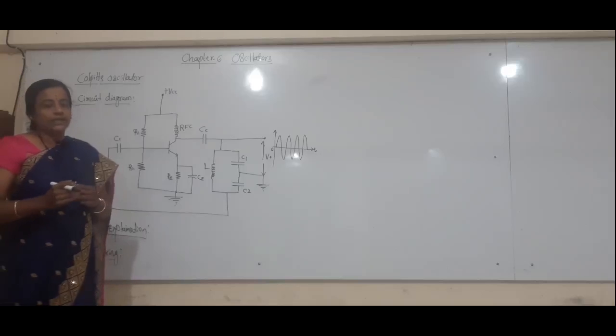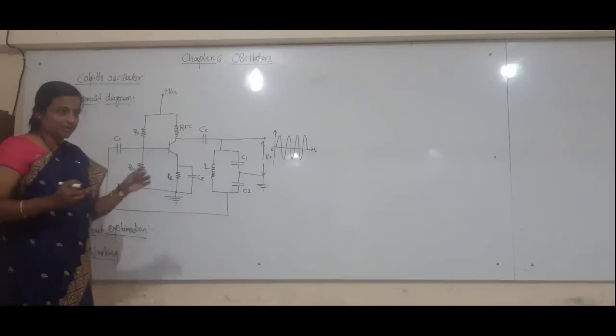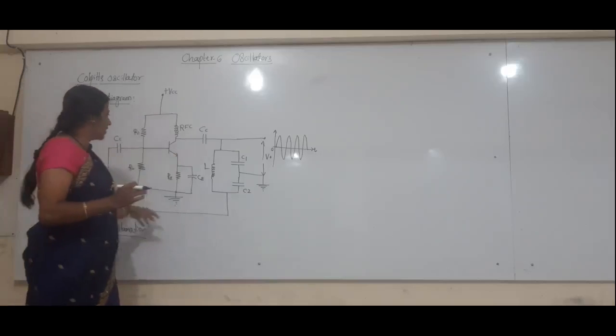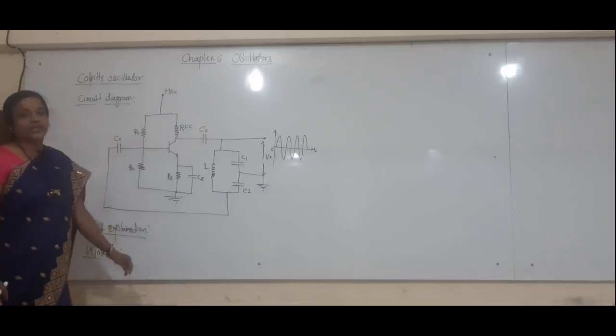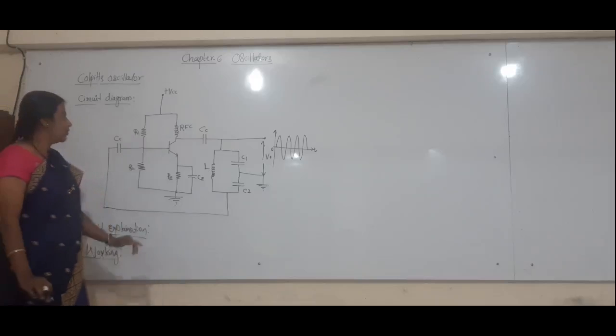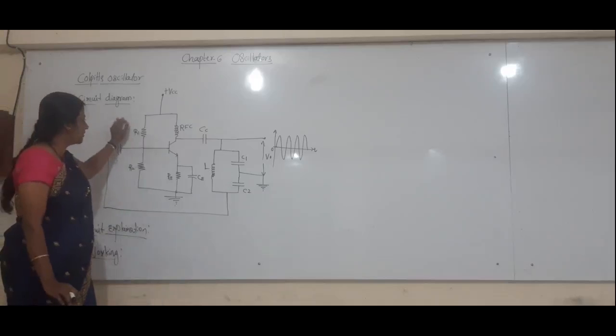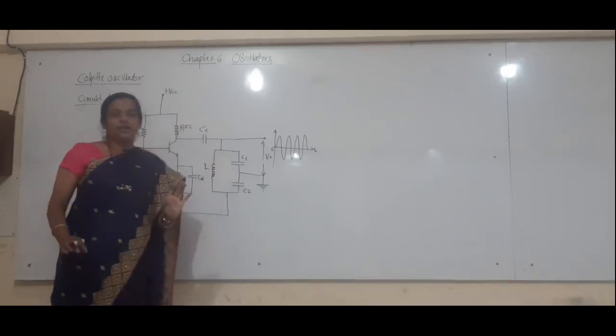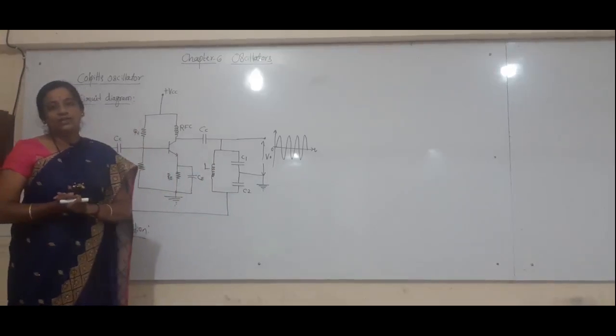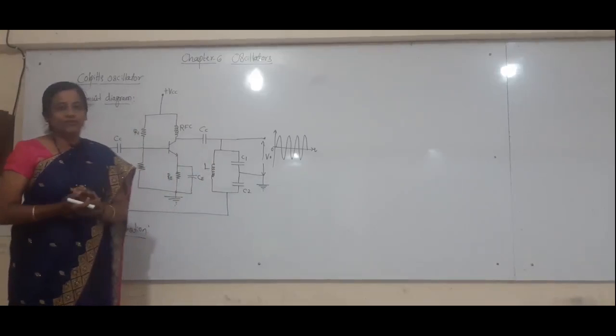In this circuit, we first have to draw the circuit diagram. After drawing the circuit diagram, you must write the circuit explanation. So, what is that circuit explanation? This circuit consists of an amplifier along with the feedback network in order to generate electrical oscillations of the desired frequency.